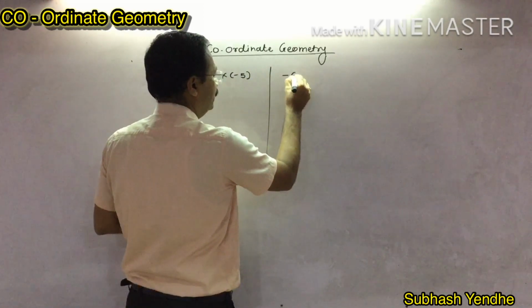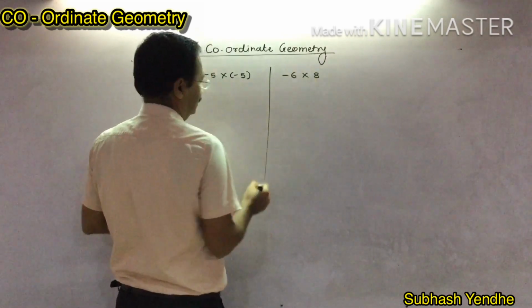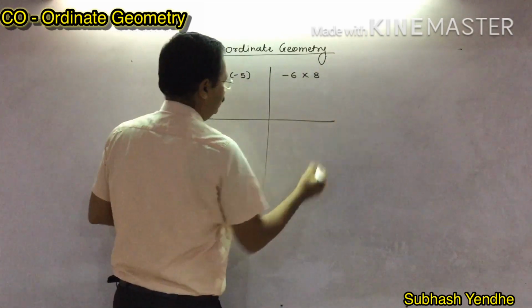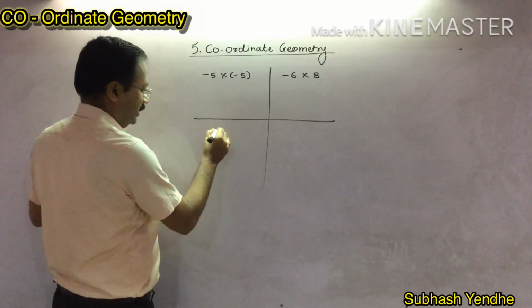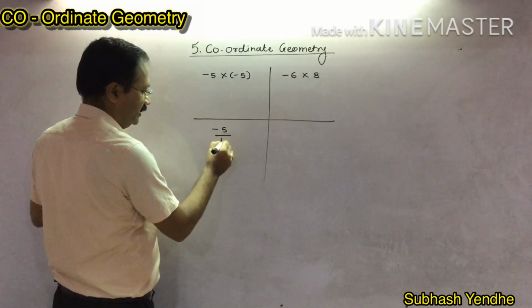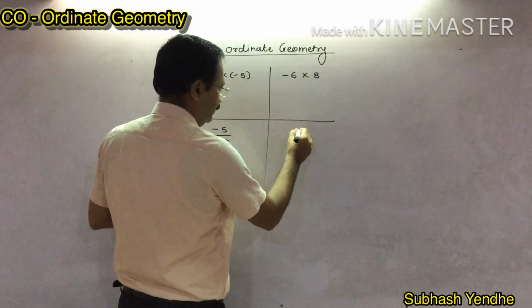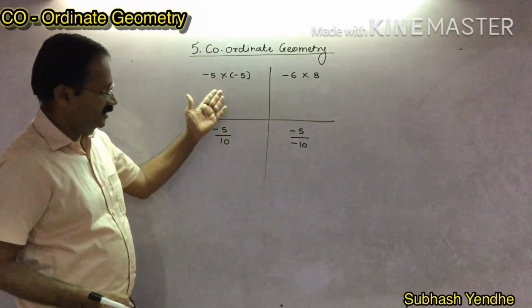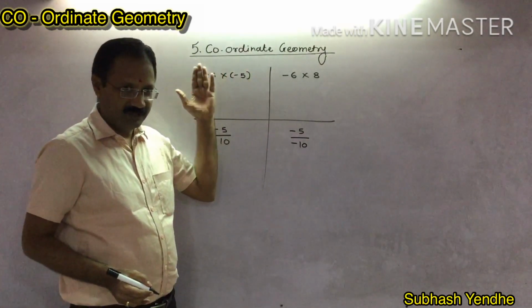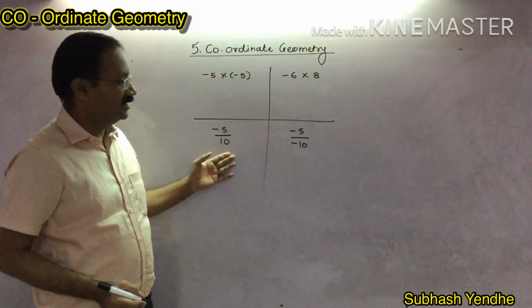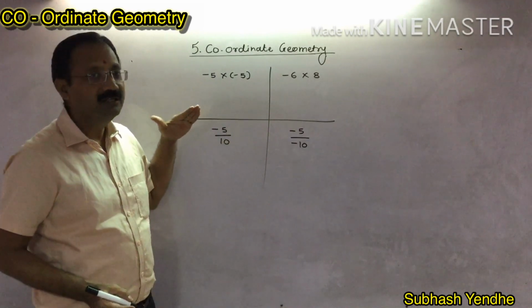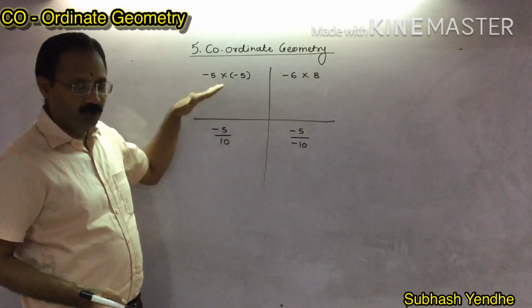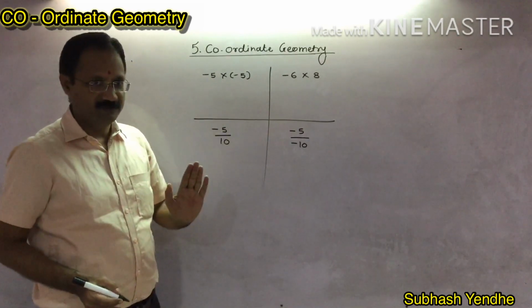Then minus 6 into 8. Same for this one, minus 5 divided by 10. Minus 5 divided by minus 10. These are the sums related to multiplication, and these are the sums related to division. But both have the same rules.